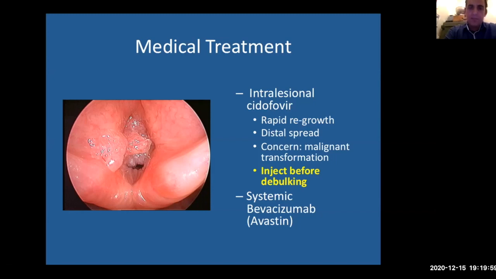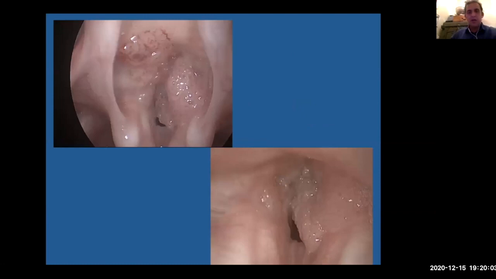Now, I'll quickly mention systemic Avastin. This is one of the patients I treated who presented very early on. He presented at age 15 months to one of the district general hospitals, and presented late, presented to A&E in extremis with airway obstruction. Pediatricians managed to intubate him in A&E, and we debulked him every 3 to 4 weeks. And this is what it would look like after 3 weeks.